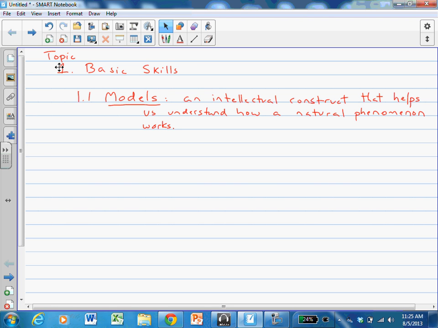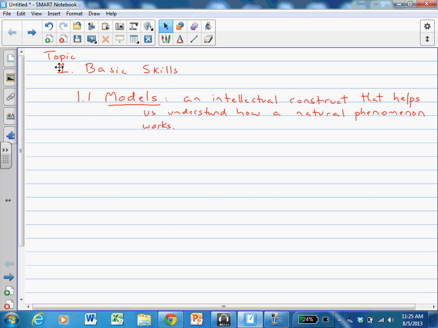But they can also be somewhat dangerous because just being a model, a construct of what is actually happening, at some point they begin to break down. So scientists have to continually revise their models.